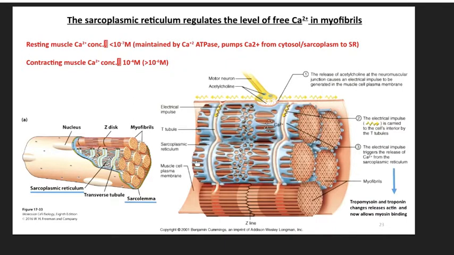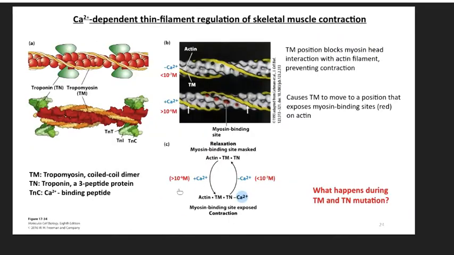This is important again because of calcium. The sarcoplasmic reticulum is the reservoir for calcium, and when the electrical impulse arises from the motor neurons, the impulse travels through these T tubules, which causes release of calcium, and the calcium in the surroundings increases.